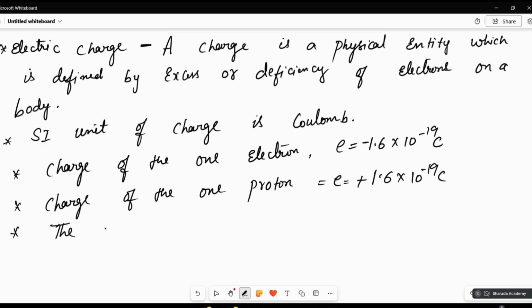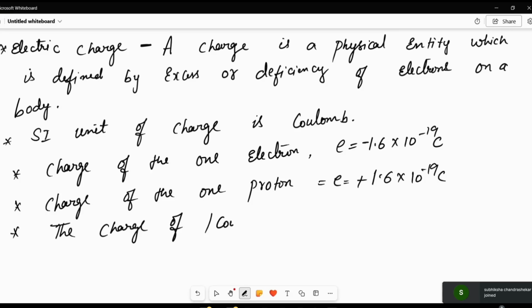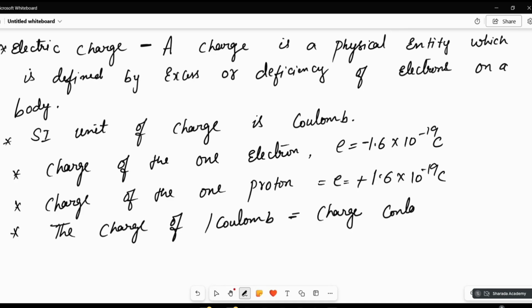The charge of 1 coulomb is equal to the charge contained by 6 into 10 to the power of 18 electrons. We know that coulomb is the unit we use for charge, and an electron is very small.